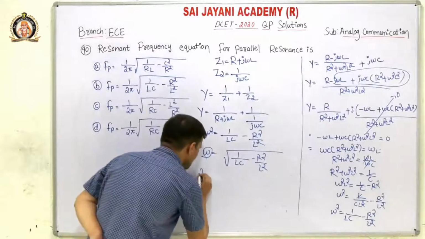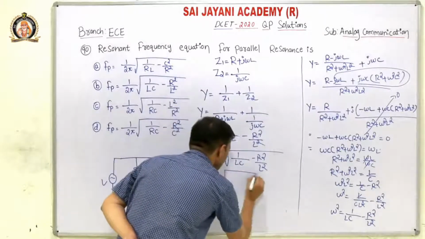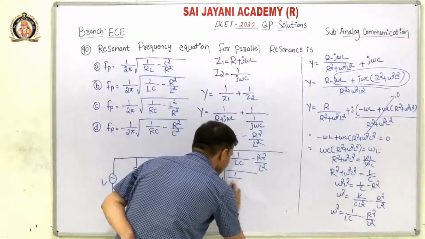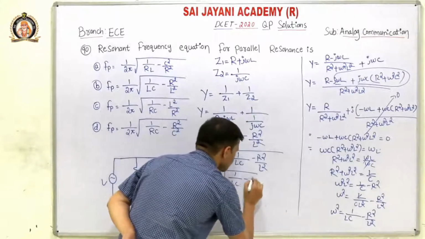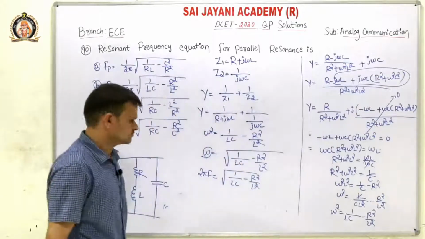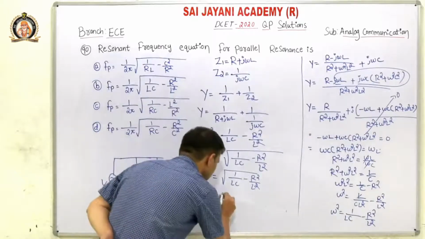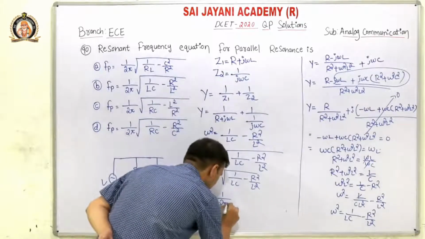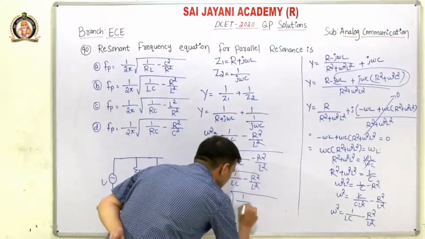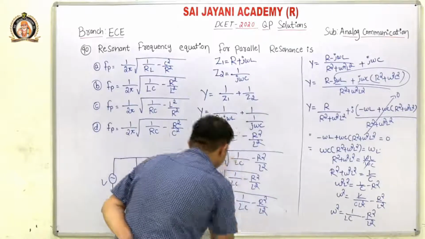Omega means 2 pi f. So 2 pi f becomes square root of 1 divided by LC minus R square divided by L square. Okay, then frequency f becomes 1 divided by 2 pi square root of 1 divided by LC minus R square divided by L square.